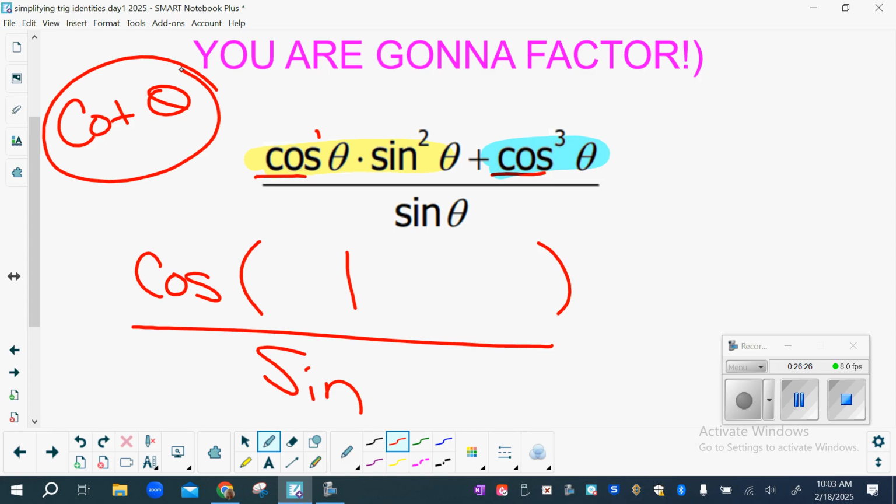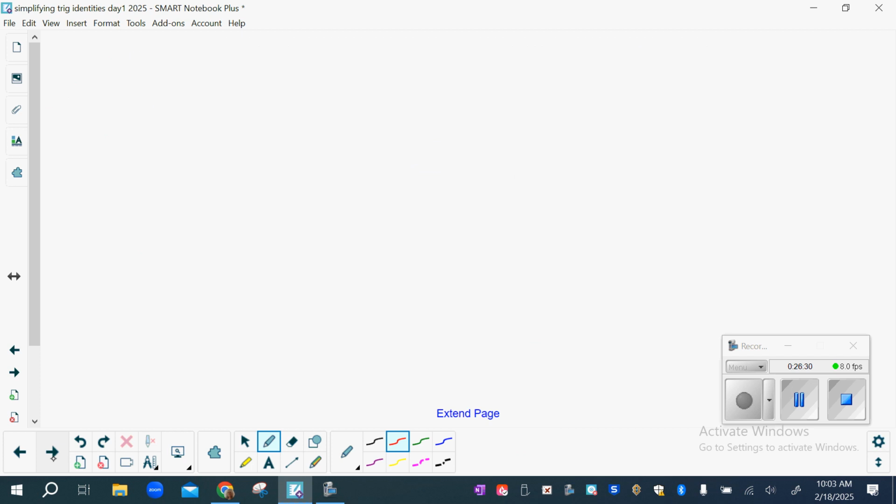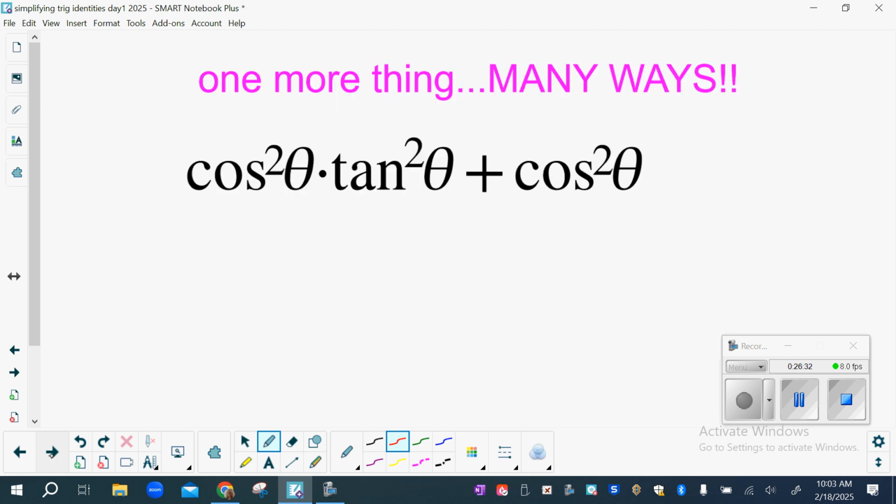Now I'm going to leave you with one final thought, and you don't have to do this one. I did this problem, and we might do it again tomorrow. If I was doing this problem, me, Dana Tarantino, I would factor out the cosines. That's how I would do it. I had another student who said, Miss T, I didn't do that.